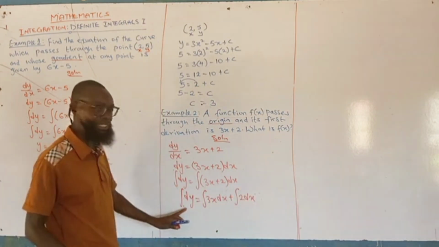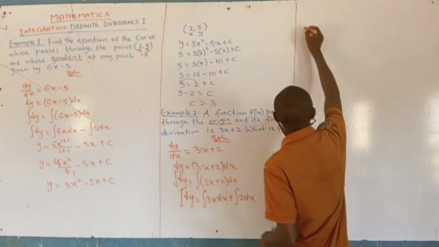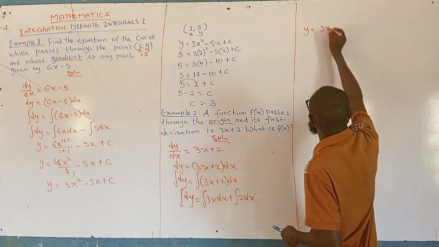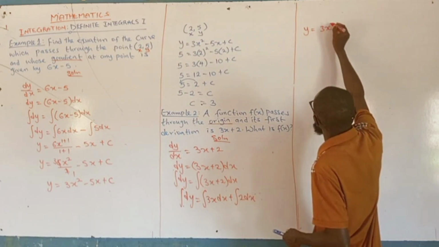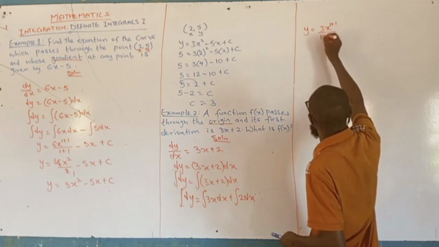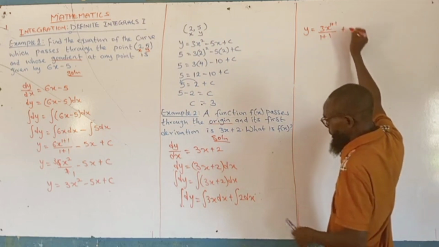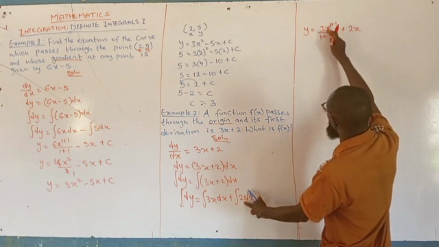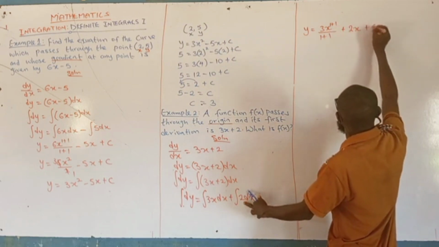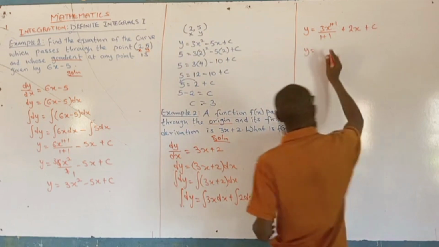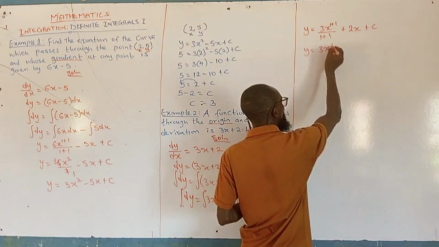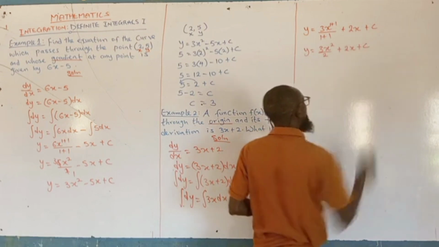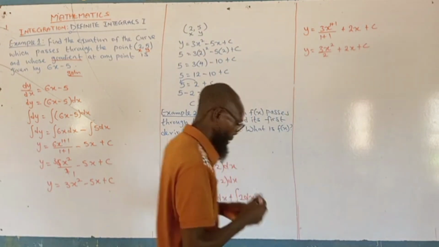So if I integrate dy, I have y equals 3x to the power 1 plus 1 over 1 plus 1, then plus integration of a constant gives 2x, because we are talking in terms of x, plus a constant c. y equals 3x squared over 2 plus 2x plus c. So this is the equation now. We now go back here.